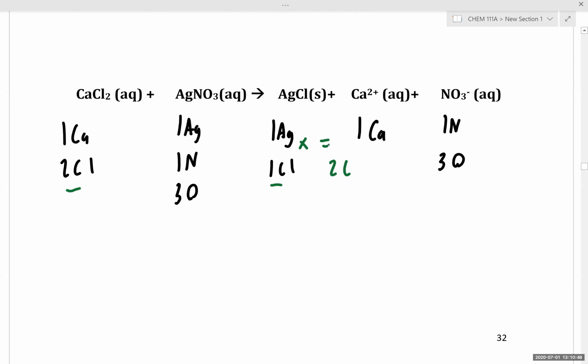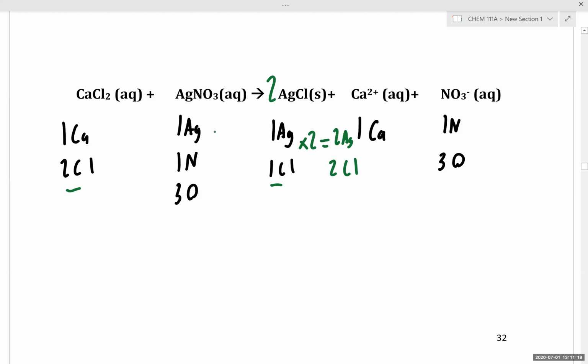What coefficient should we guess for silver chloride? 1 times what gives us 2? Two. 2, yep. So as a result, we have 2 silver and 2 chlorine.